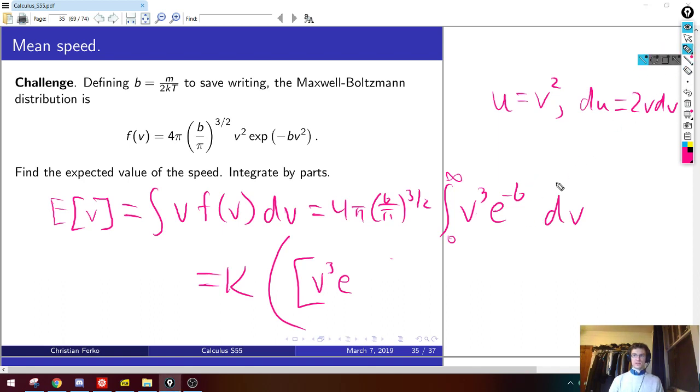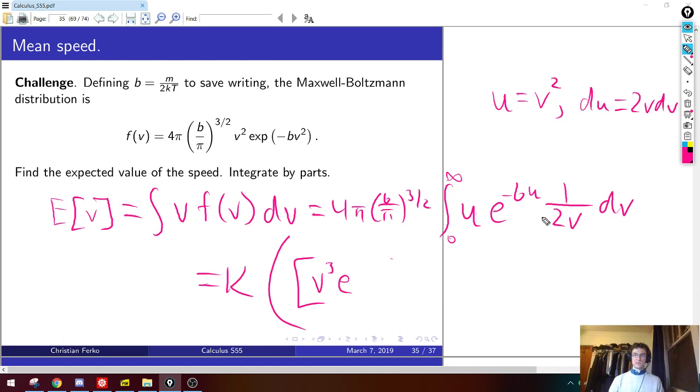And at the bottom, solving for dv, we divide by 2v. That kills one factor of v, and we're left with v squared, which is u.